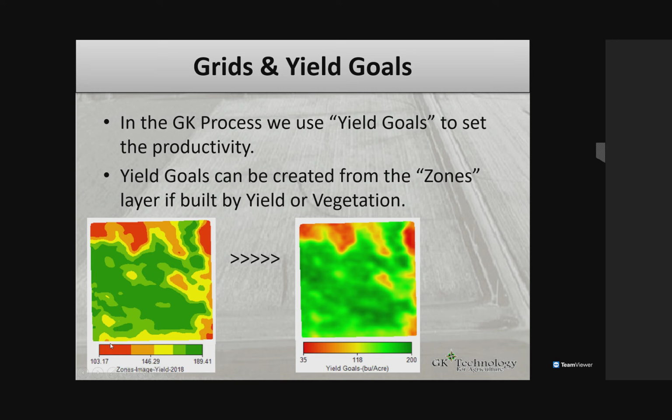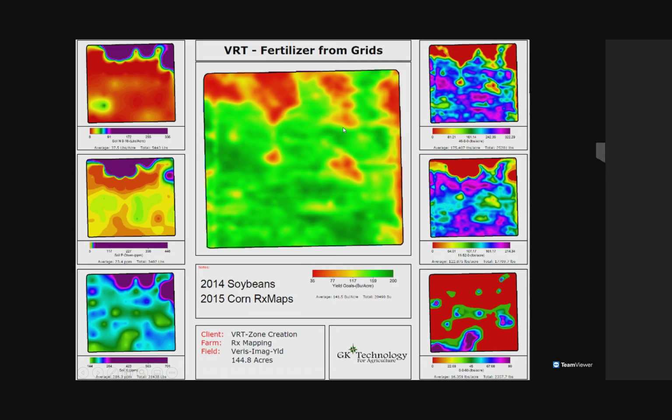From that, basically what I did to build the yield goal map for this is in our software, I just set the bottom end value of this histogram down to 35, and I set the top end up to 200 bushel. So then it was 200 bushel on the end of that, and now you have a yield map that's 35 to 200 bushel, a yield goal map for this field.